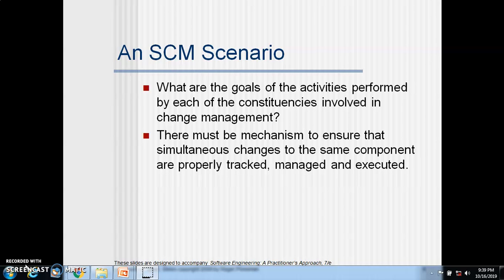The goals of the configuration manager are to ensure that procedures and policies for creating, changing, and testing of code are followed, as well as to make information about the project accessible.